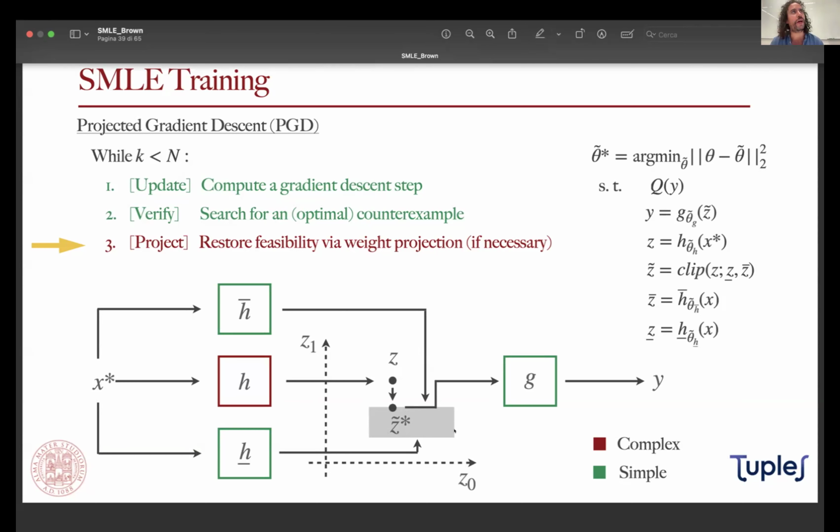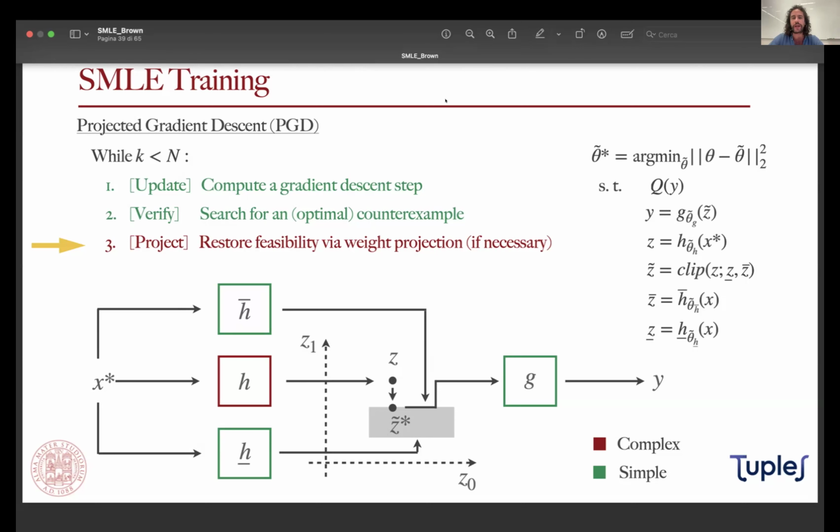So first of all, from the verification perspective, our background is on verification. You are given a neural network and a property, and you want to verify it. Usually people do this in the post-training phase: you train your network and then you verify.